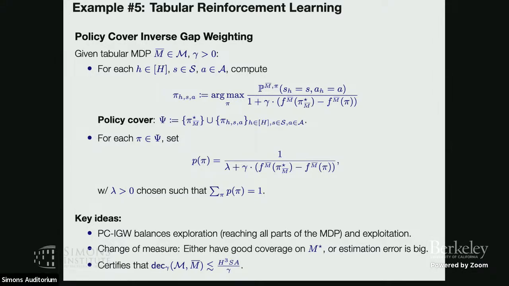And the real subtlety here is that what we really care about is covering on the true MDP M star and not on M bar. But using change of measure type arguments, you can show that when you run this strategy, one of two things happens. One is that M star and M bar behave similarly, in which case this does give good coverage. The other case is they don't behave similarly, but that means your information gain must be big, which is also good.